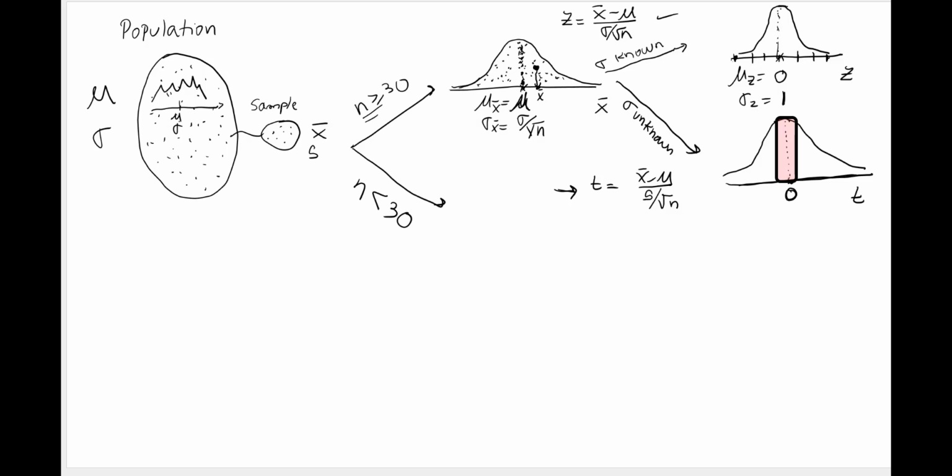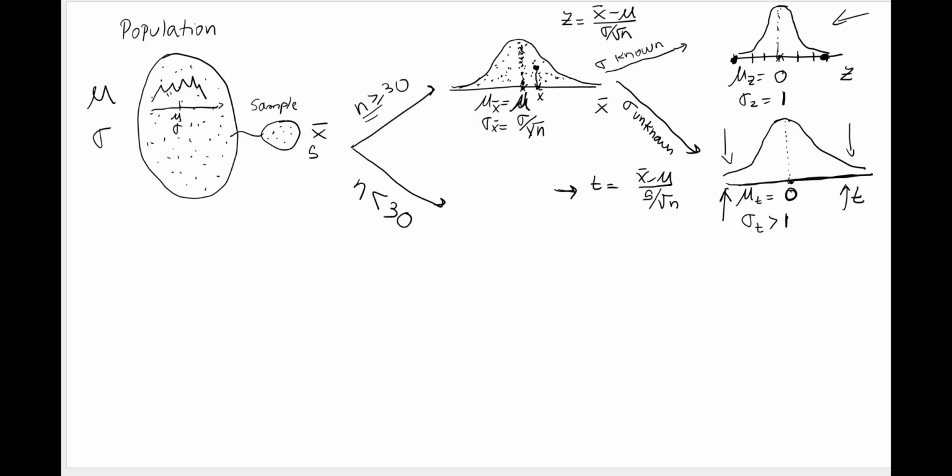And that is the mean of all t-values. And the standard deviation of the t-distribution is bigger than 1. It means that this distribution is more spread than the z-distribution, the normal distribution. It means that both tails are thicker and longer than the tails of the normal distribution. It means that the t-values are more spread.